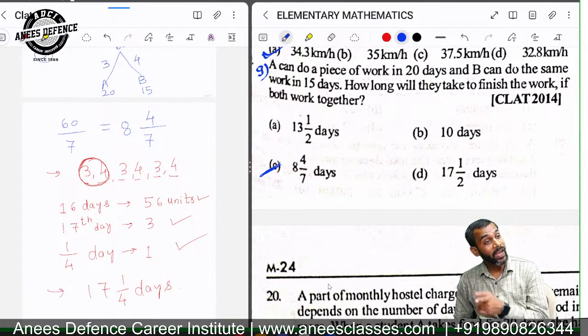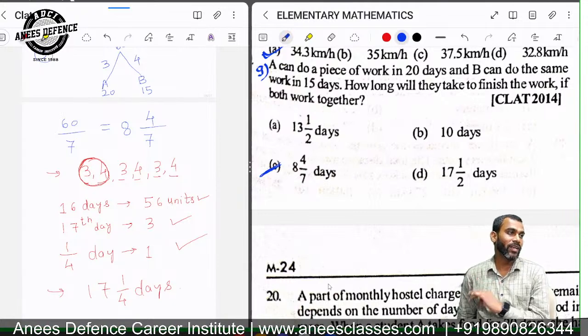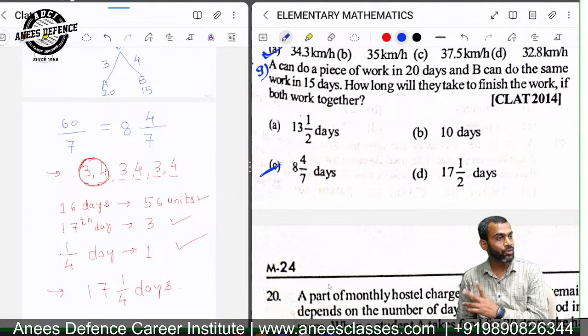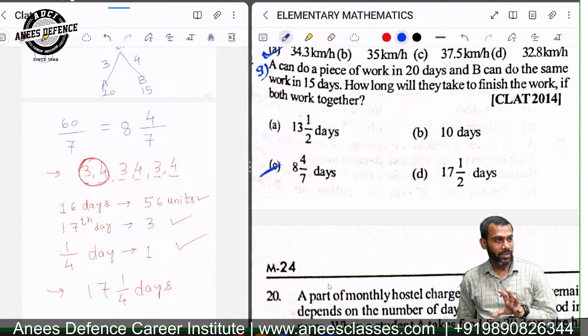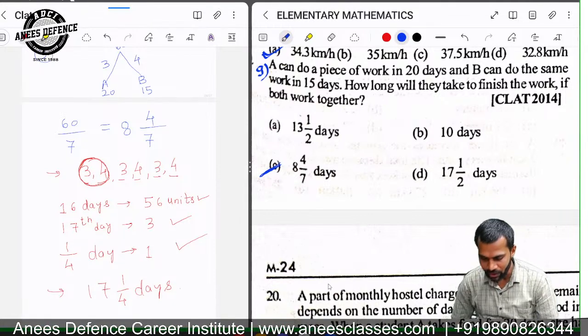But on the 17th day, B will come, not A, because who starts the work? B. This time B starts the work. So 4 units. So 56 plus 4, 60, that is, the answer is 17 days. 17 days will be needed. I hope you understood. Purva, have you understood?